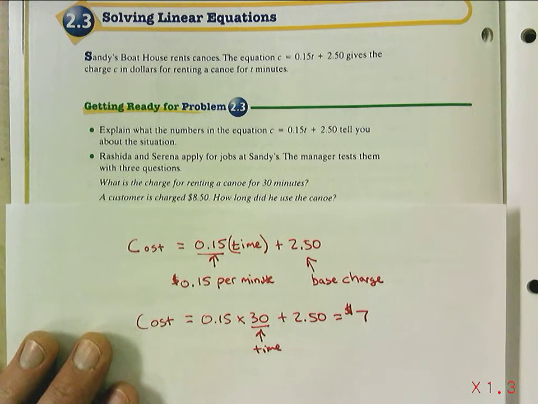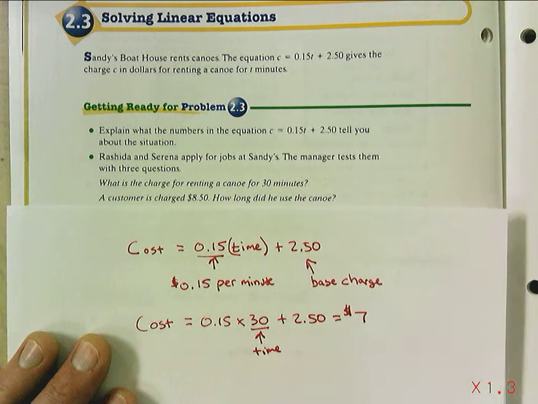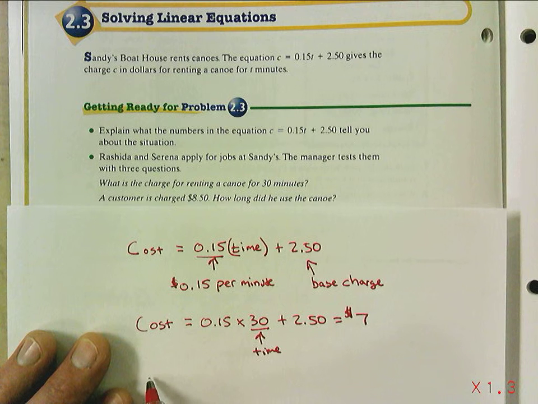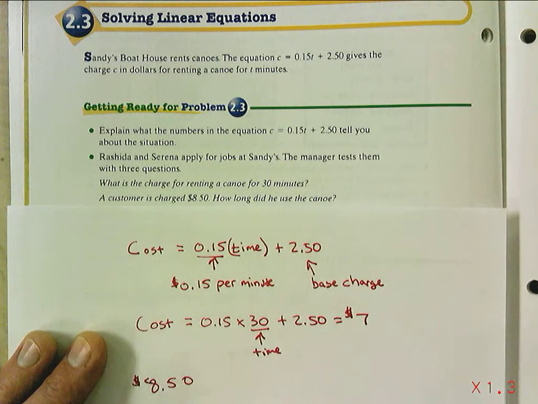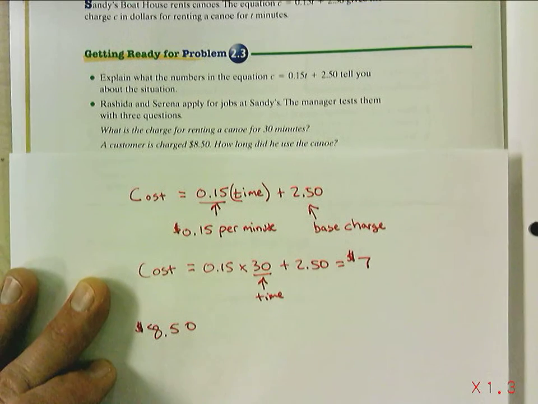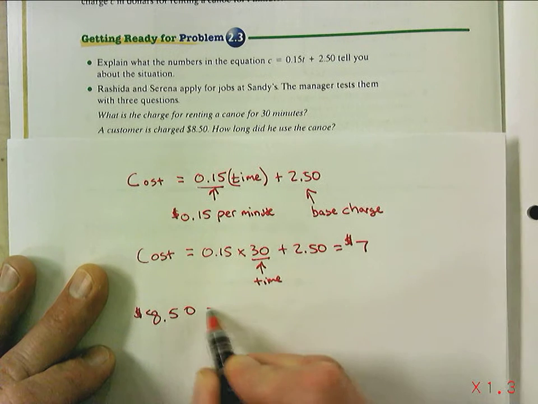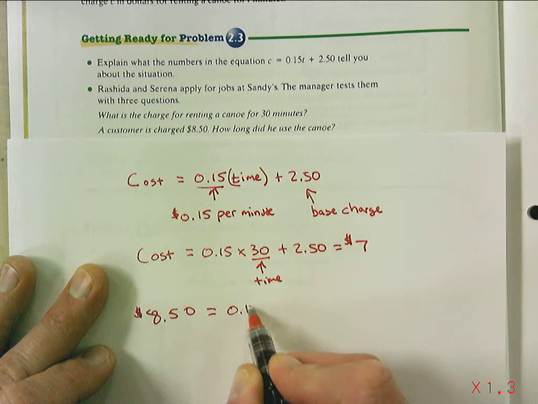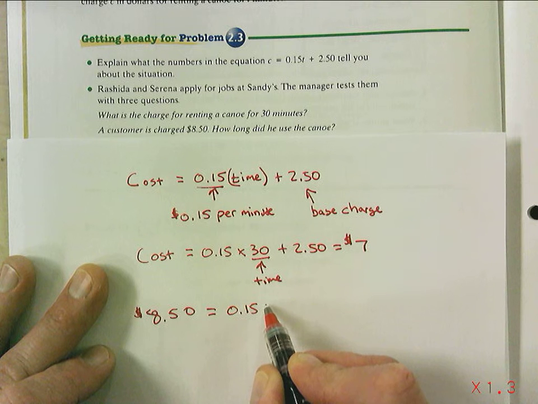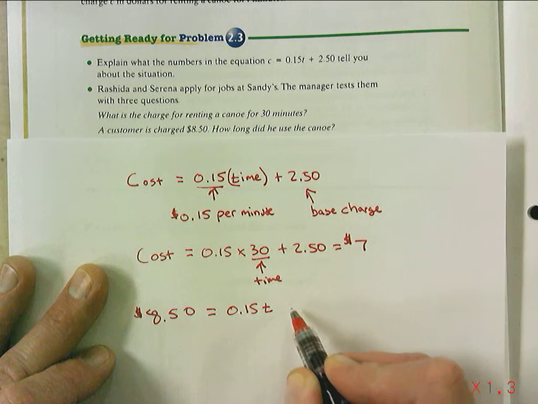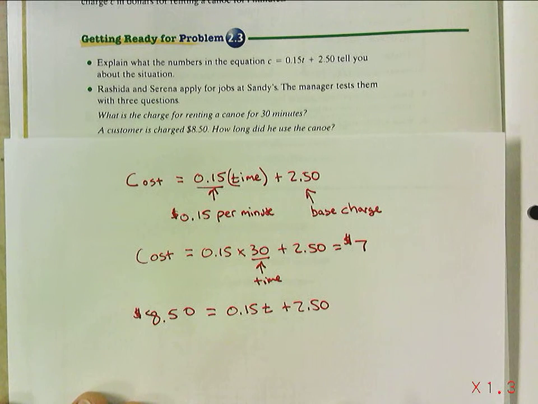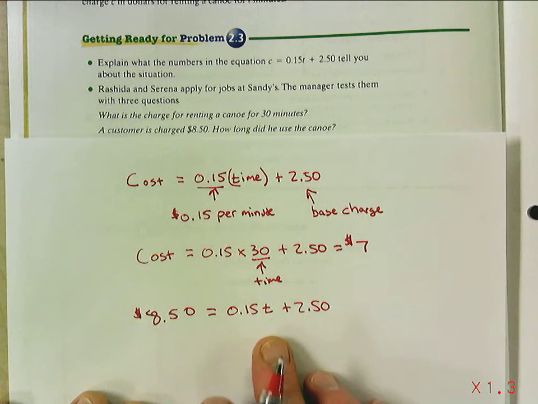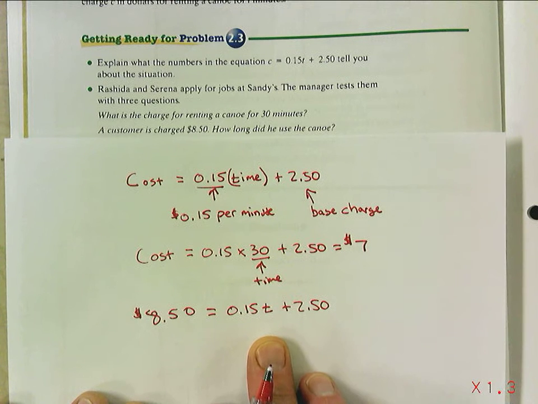Second question is, the customer's charged $8.50, so now we have to work a little bit backwards. We know the charge, or the cost, is $8.50. And now what we want to do is see if we can figure out how much time. So the T is the part we're trying to figure out now. To do this, we have to figure out what we multiplied by the 0.15 to get that $8.50.